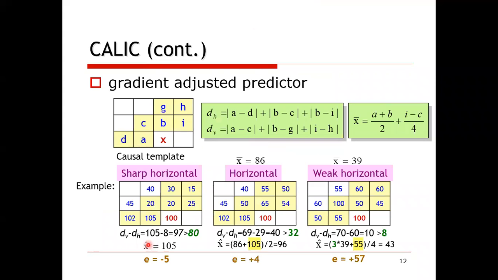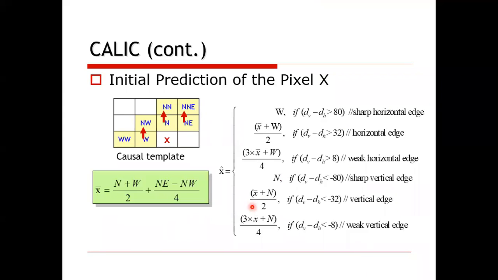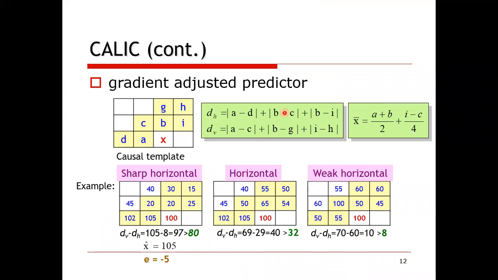Here, dB minus dS is greater than 80. So what is the predicted value of the given pixel 100? It becomes W, so it becomes 105. And what is the prediction error? The prediction error becomes x minus x bar.